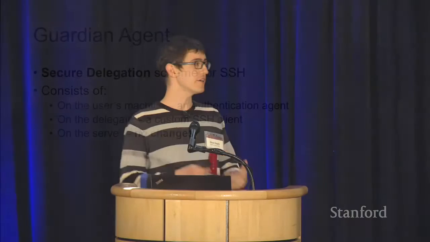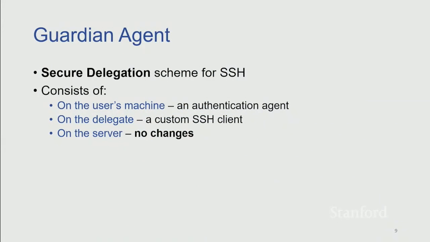So in our work, we started off by addressing the SSH issue, and we've built Guardian Agent. Guardian Agent is a tool that enables secure delegation for the SSH protocol. Our tool consists of an authentication agent running on the user's local machine, on her laptop. It consists of a custom SSH client that you can run on your cloud machines or any other partially trusted machine on which you want to run operations using SSH, but you don't want to put your key on.